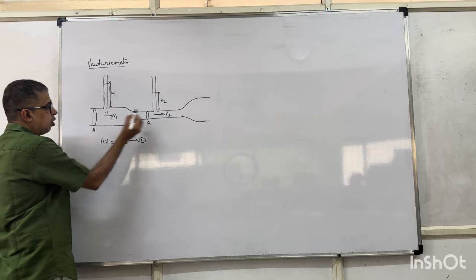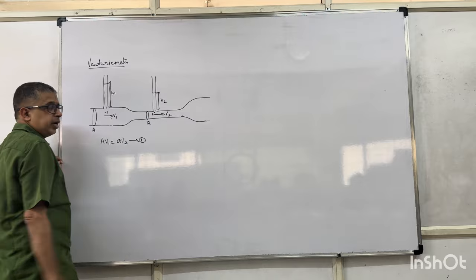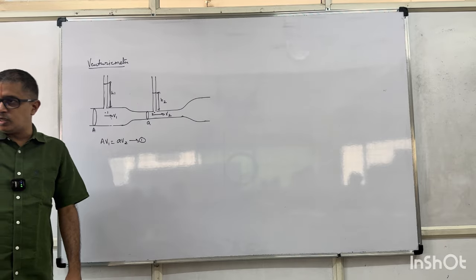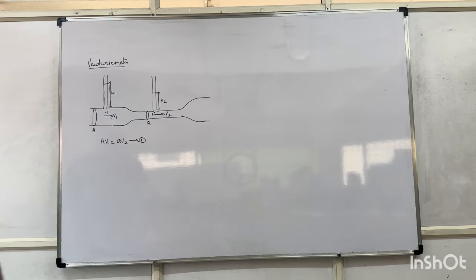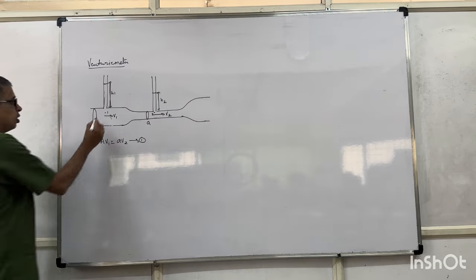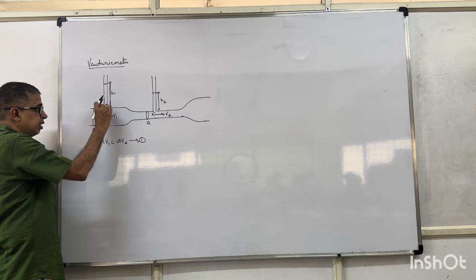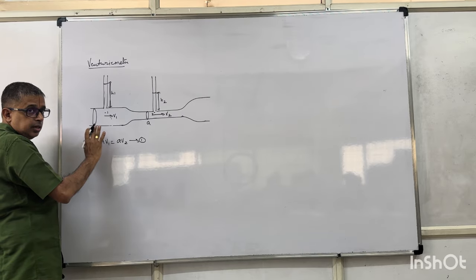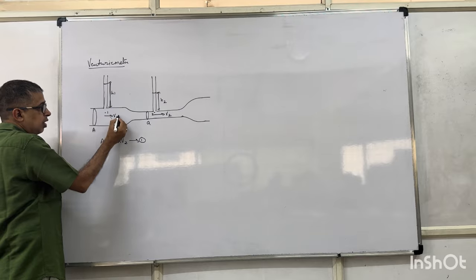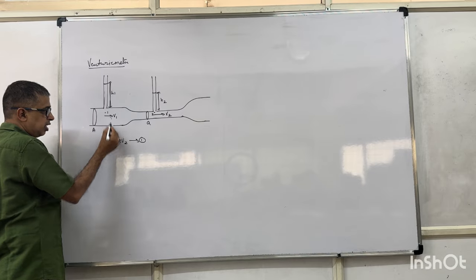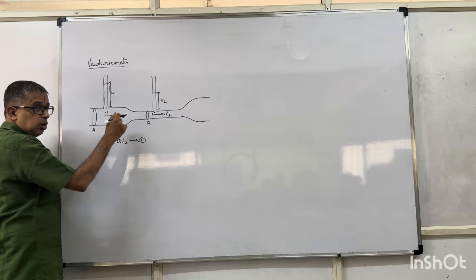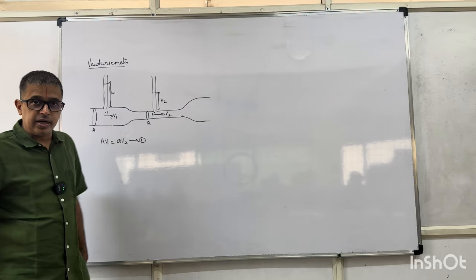I'll take this as point 1, this as point 2. So, gravitational potential energy difference is negligible, right? It's the same Venturi meter. You may ask, you are taking the pressure here, but don't you think you'll have to take here? This is negligible, right? So here area is greater, velocity is lesser. Velocity is lesser, pressure will be greater.